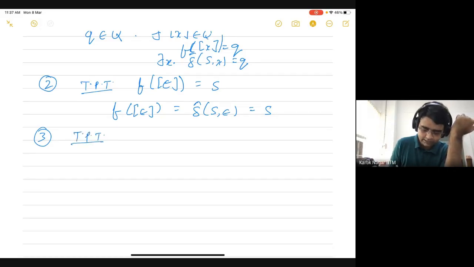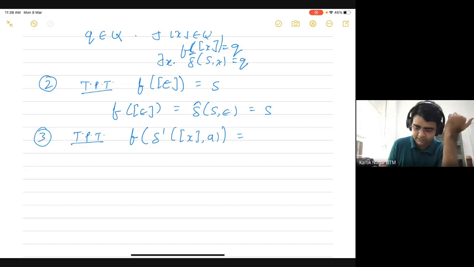We need to prove that f of delta prime of some x in A, if you take a transition in the constructed DFA, is the same as taking a transition in the original DFA, which is delta of f of x, comma a.